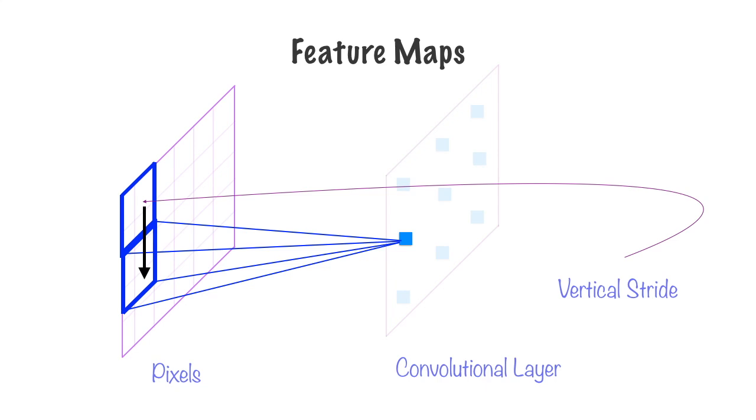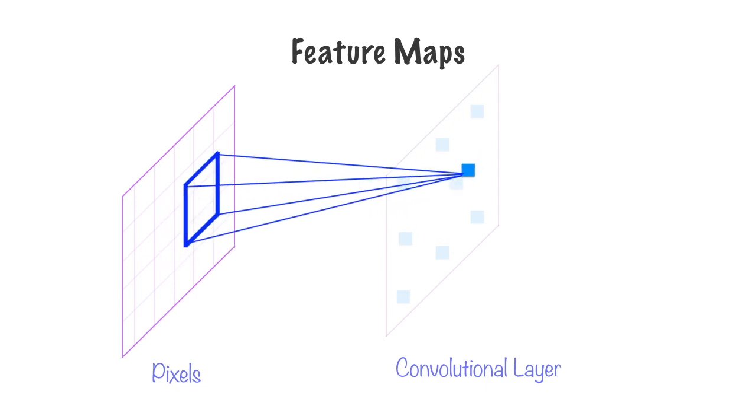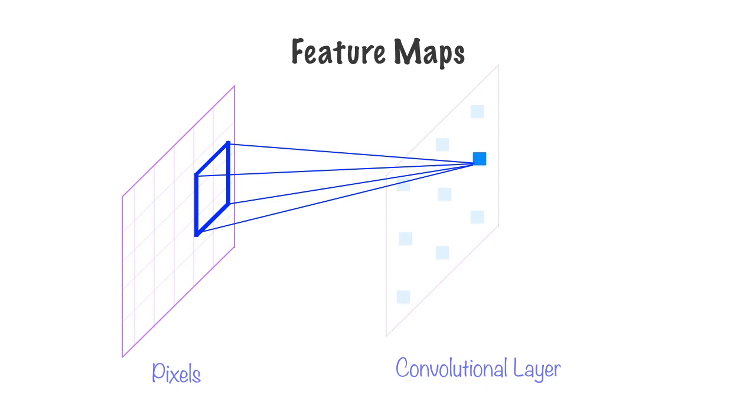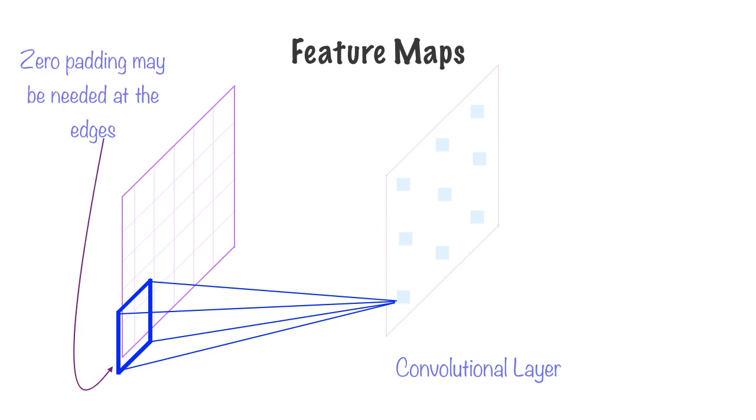The neurons of a feature map all get their values by sliding the same kernel over the input matrix. So within a particular feature map, all the neurons have the same weights and biases because they've been generated using the same kernel. Zero padding may or may not have been needed based on what kind of convolution we are interested in.